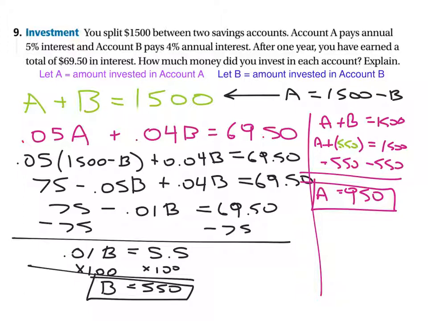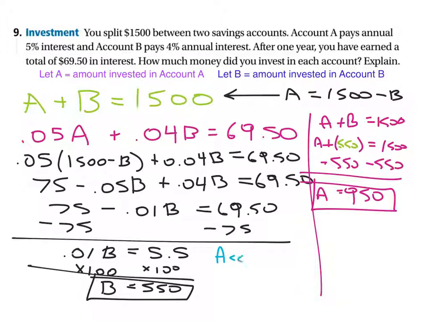We could give this as an ordered pair, but let's answer it in terms of what the question says. How much in each account?